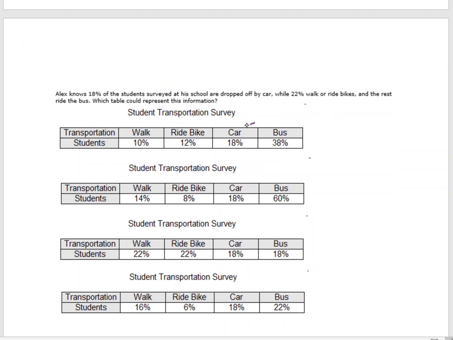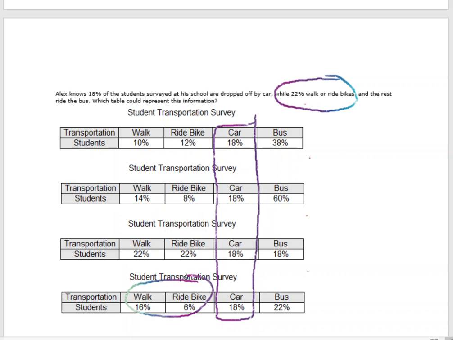In this problem, Alex knows 18% of the students surveyed at his school are dropped off by car. So it's easy to see that we have 18% in car for all of our options. 22% walk or ride bikes. So 22% is the total of the number of people who walk or ride bikes, because that's 22% walk or ride.